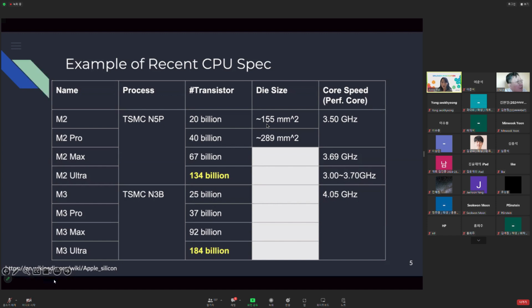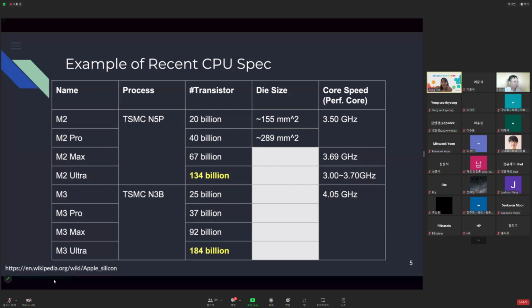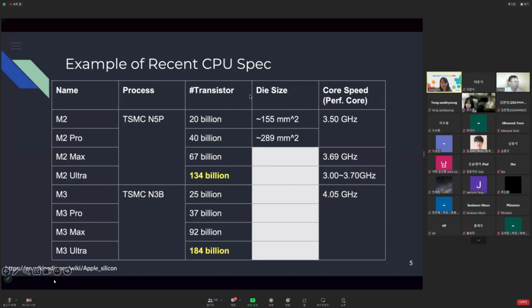Here, die means the small piece of wafer. You would see the circular wafer from the news or something, and then it will be cut into multiple chips, multiple pieces, and that's eventually sitting inside of your black package. So that's what we call a die, a small piece of wafer. And you can see that it's only 155 square millimeters, meaning that it's like 12 millimeter by 12 millimeter. And the M2 Pro is like 17 millimeter by 17 millimeter.